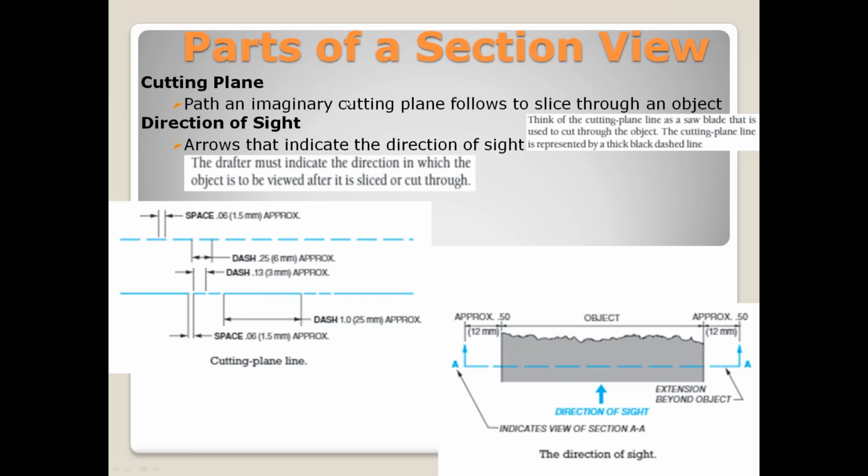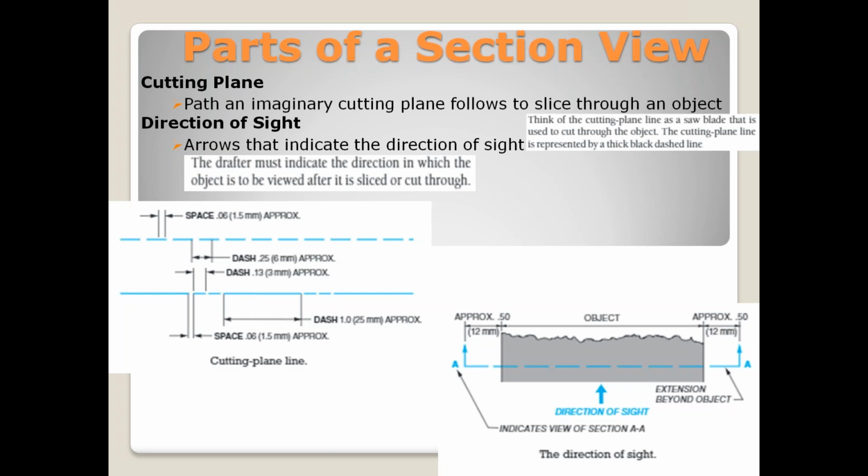So for cutting the plane, you have different ways to cut the plane. The cutting plane is the path an imaginary plane follows to slice through an object. Think of the cutting plane line as a saw blade, like a saw cut that is used to cut through the object.